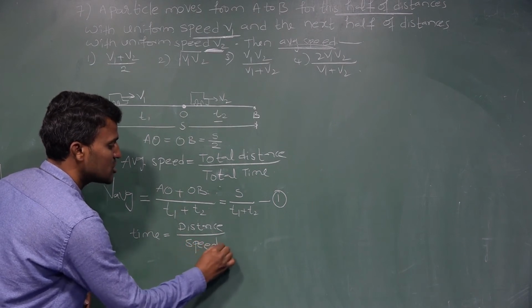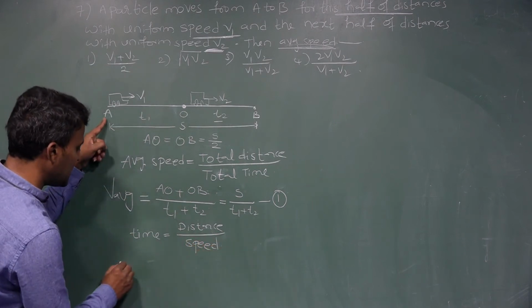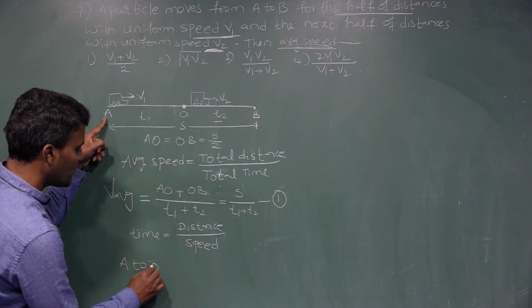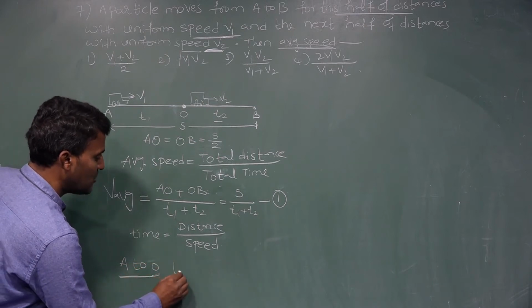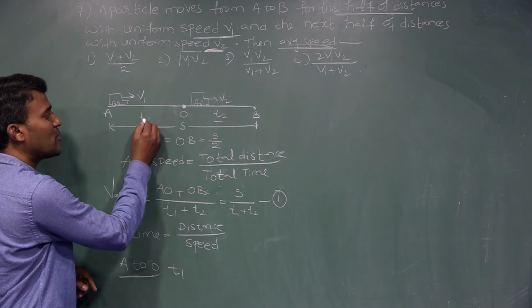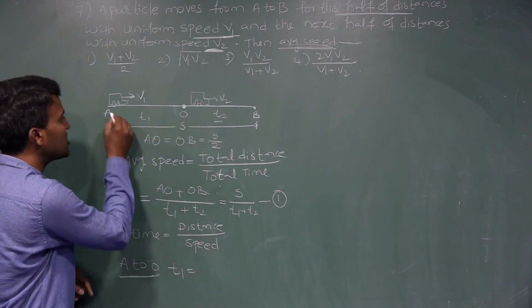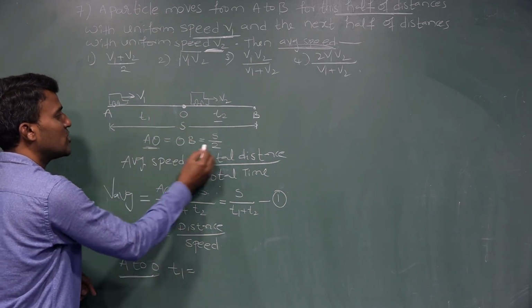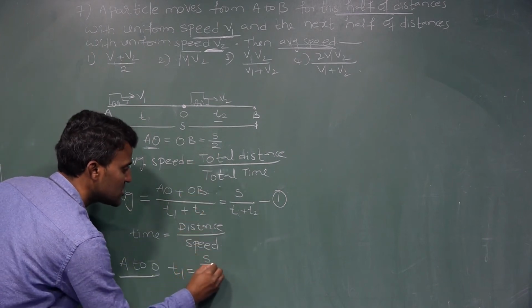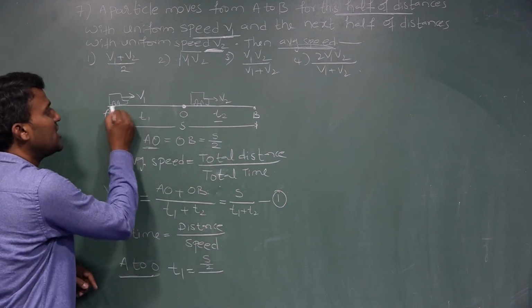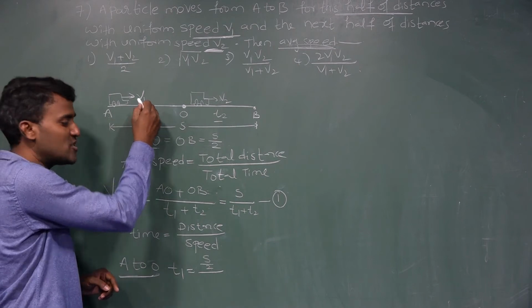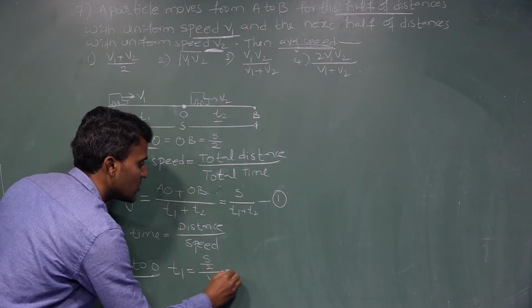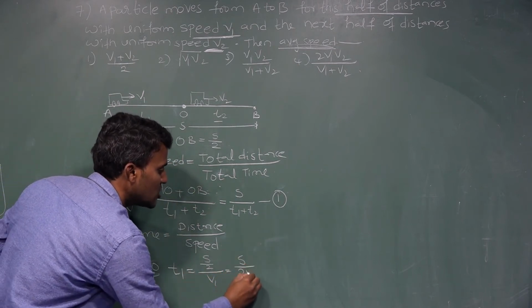For A to O, the time interval T1 is equal to distance S by 2 divided by speed v1, so T1 is S divided by 2v1. This is equation number 2.